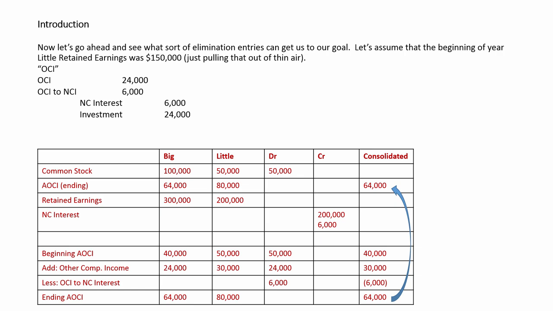Down in the income statement below, we're reporting all $30,000 of other comprehensive income, but then allocating away $6,000 and saying that of that $30,000, $6,000 accrues to the non-controlling interest shareholders, leaving $24,000 for us.